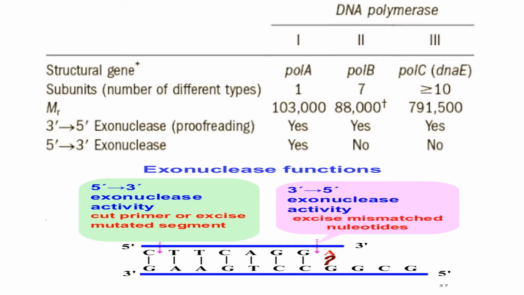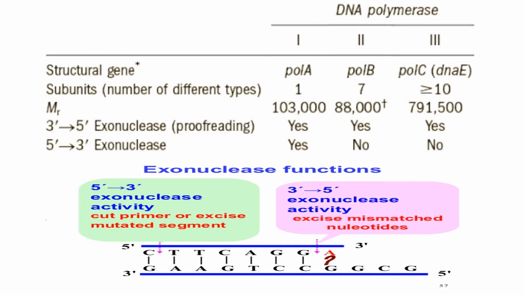While pol 2 and pol 3 do not possess exonuclease activity in the 5' to 3' direction. Only DNA polymerase 1 provides the exonuclease activity in the 5' to 3' direction.